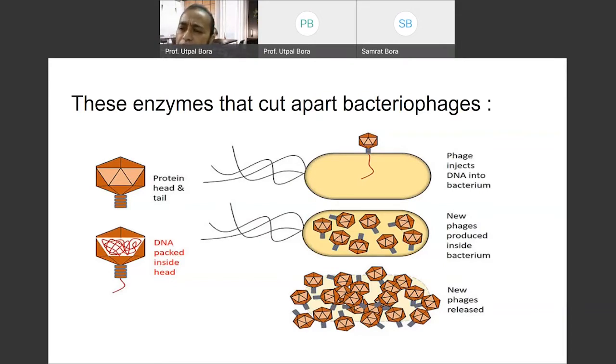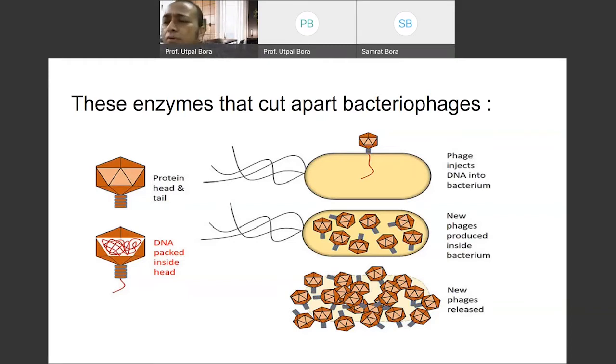So instead of producing proteins that are required for the bacteria, the bacteria starts producing the proteins required for assembly of the phage virus.